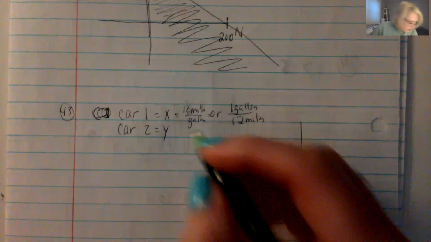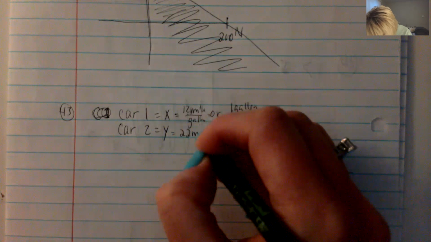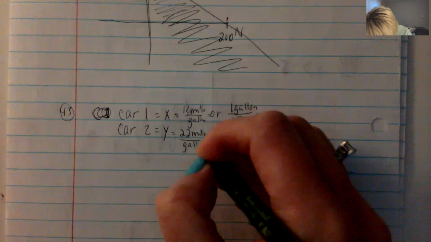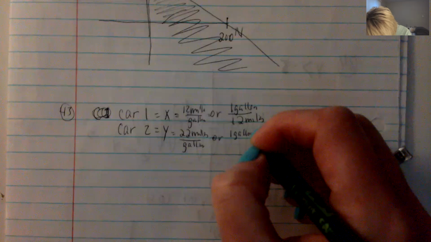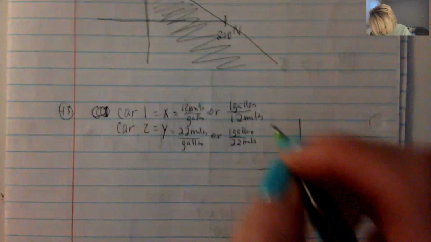And then car two is 22 miles per gallon, but I'm going to write it as 1 gallon for every 22 miles. Okay.